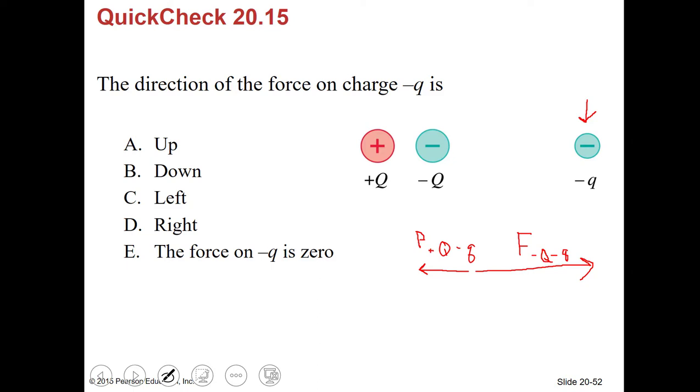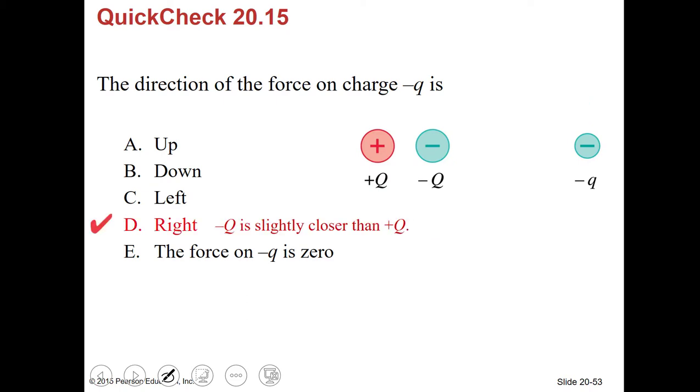So the net force then, this one is larger than this one, so the net force is going to be that direction. Minus big Q is repelling, plus big Q is attracting. Minus big Q, though, is closer to minus little q, so it dominates. That's why I drew it larger here. So to the right, minus q is slightly closer than plus q. Okay, very good.